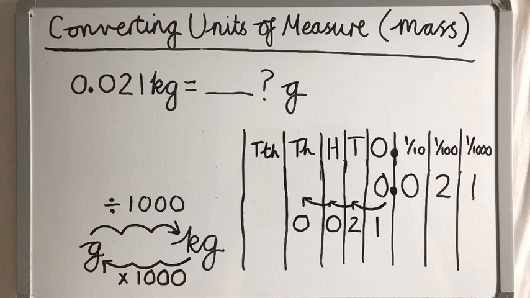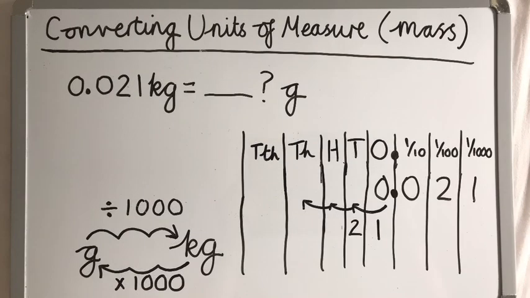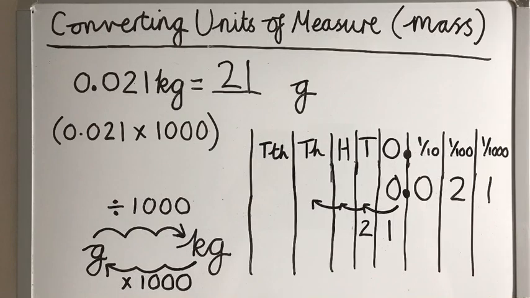Notice how there are 2 zeros, one in the thousands and one in the hundreds. Those aren't needed anymore since they have no value if they're at the front of a whole number. So I take those off, and that means that 0.021 times 1,000 is 21. That also means that 0.021 kilograms is 21 grams.